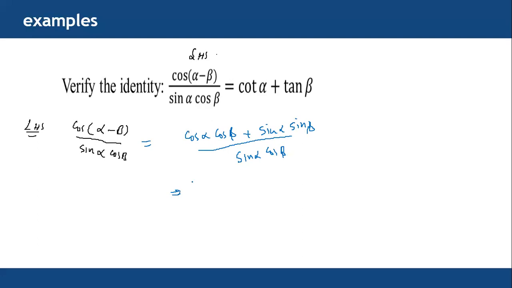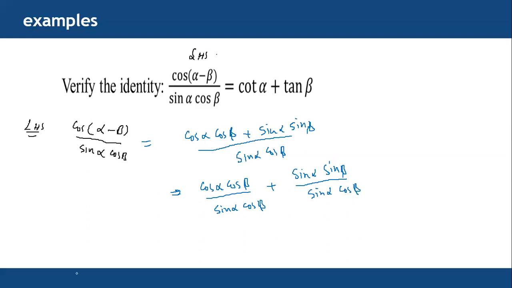This means that sine alpha cosine beta is the denominator for both. If you break it down, we have cosine alpha cosine beta divided by sine alpha cosine beta, plus sine alpha sine beta divided by sine alpha cosine beta.